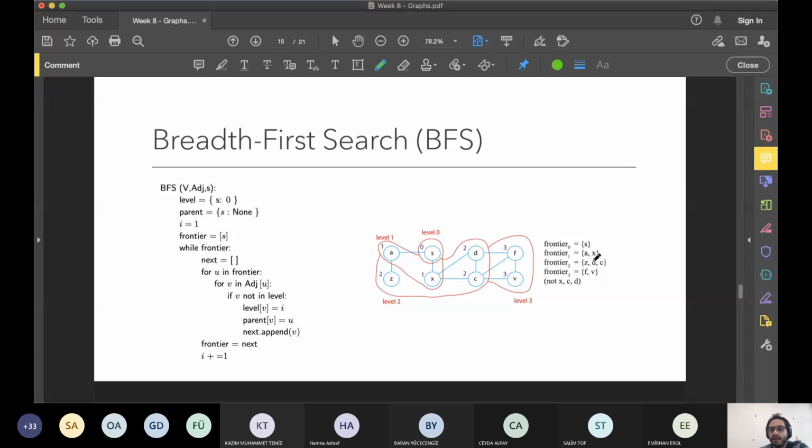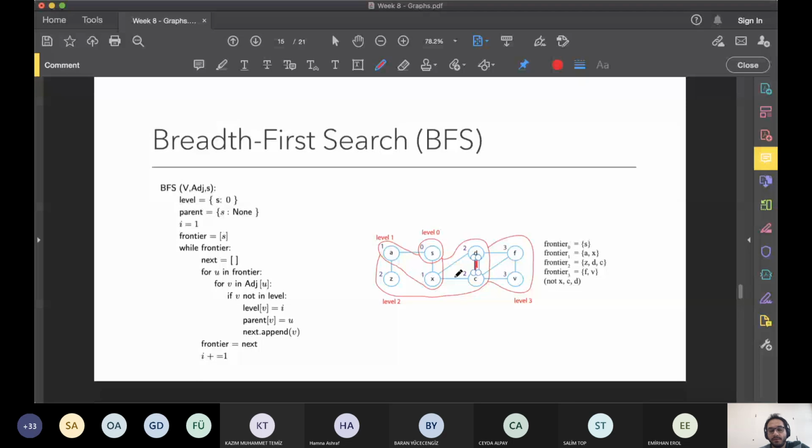But here is one more thing, right? If we are on frontier 2, for example on D, we can also go to C by taking this path. So by taking this path, we could say that C is in frontier 3. It's not actually correct, because we already included C in our level 2.